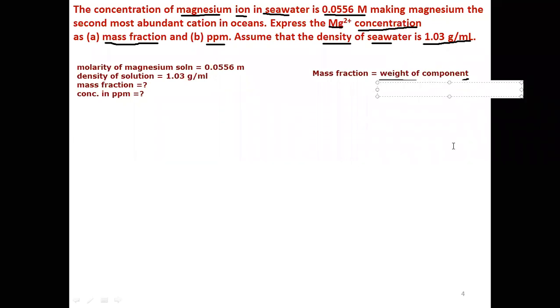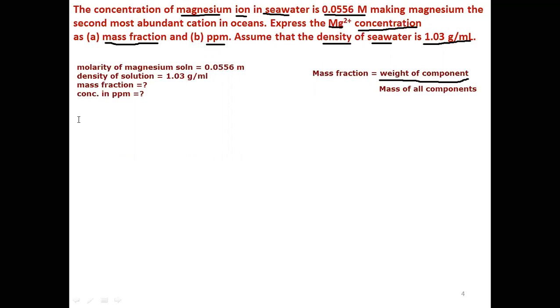The solution is a binary solution, so we have only two components. Suppose we have to calculate the mass fraction of magnesium ion. It is equal to weight of magnesium divided by weight of magnesium plus weight of water. The second component is water. Now let us see how we will do it. First we will see the meaning of this 0.0556 molar.